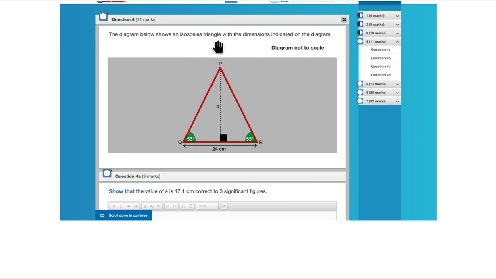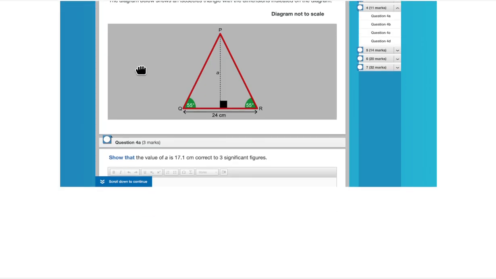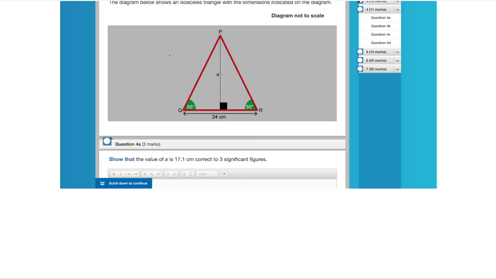The diagram below shows an isosceles triangle with the dimensions indicated on the diagram. Show that h is 17.1 correct to three significant figures. Can we consider this as a right angled triangle? Ideally, we should.